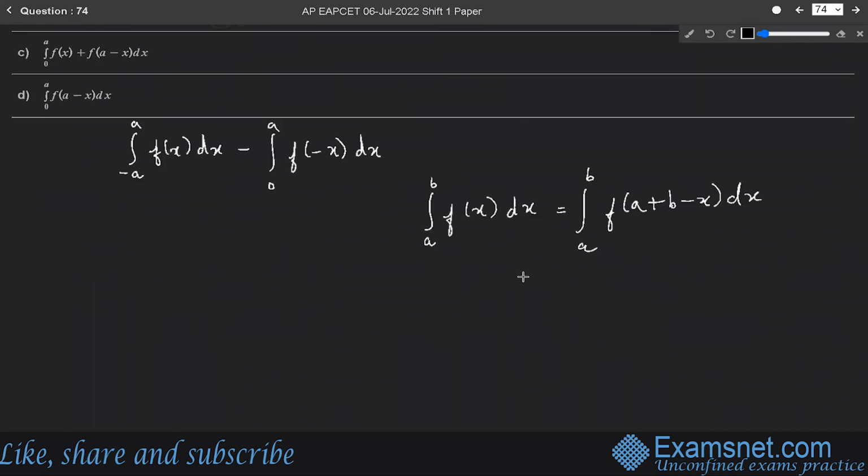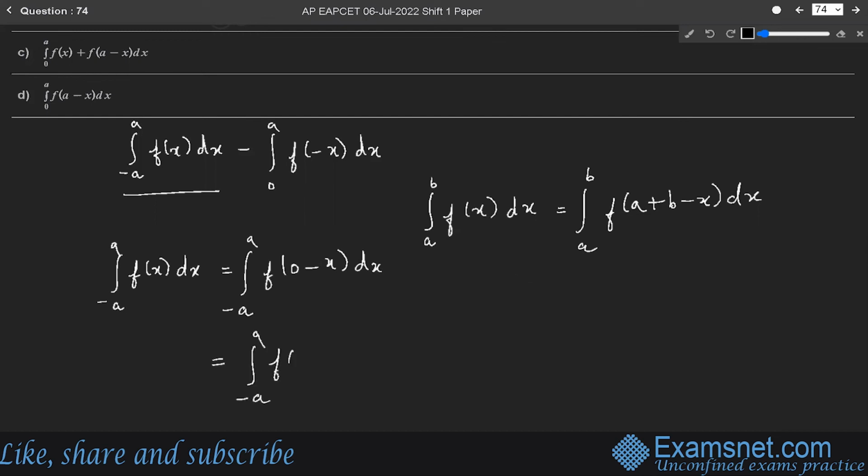So applying this in the first part of the question, the integral from minus a to a of f(x) dx is equal to the integral from minus a to a of f(0 minus x) dx, which will be equal to the integral from minus a to a of f(minus x) dx.